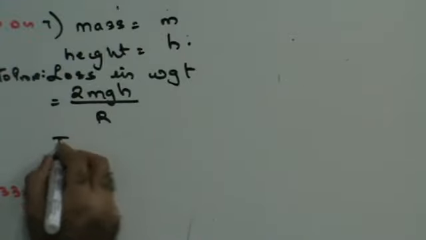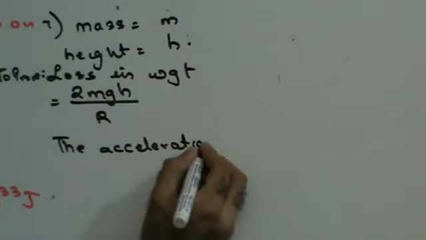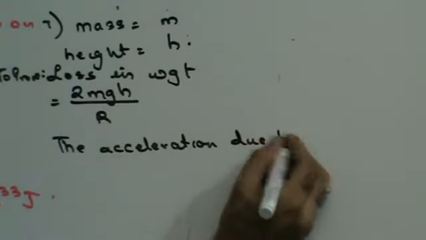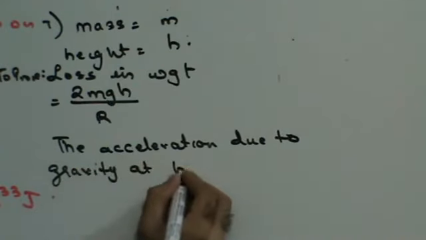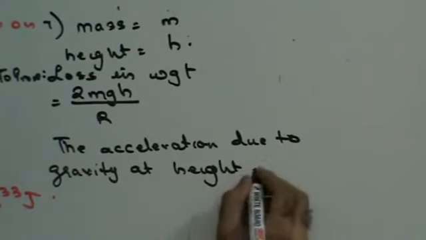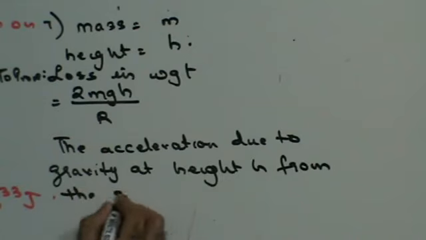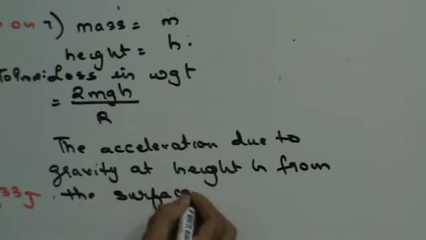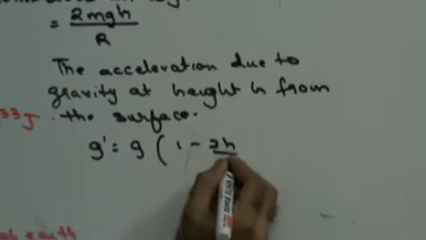Now, guys, the acceleration due to gravity at height h from the surface is given by g bar, which is equal to g into 1 minus 2h by r.